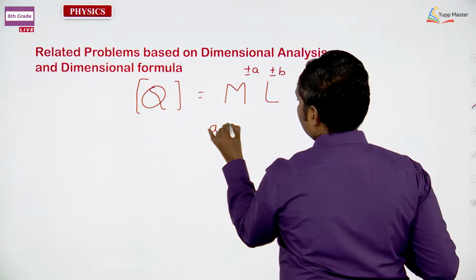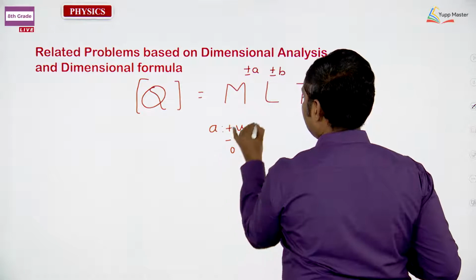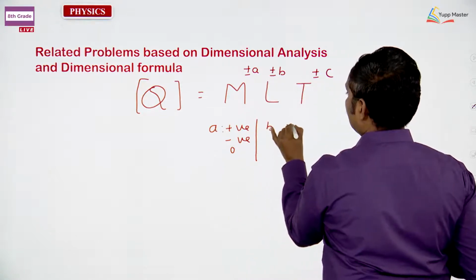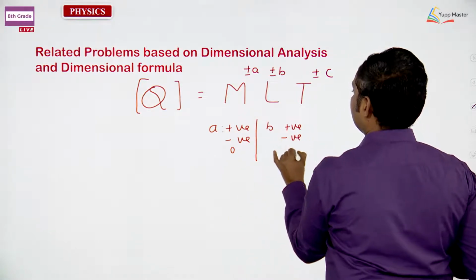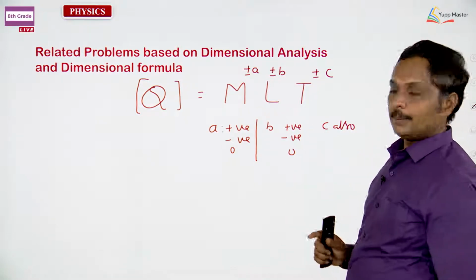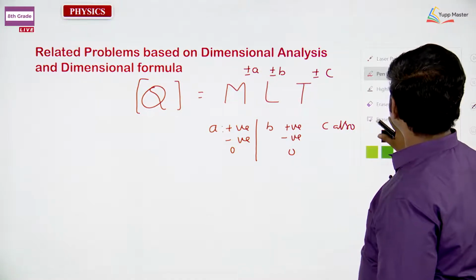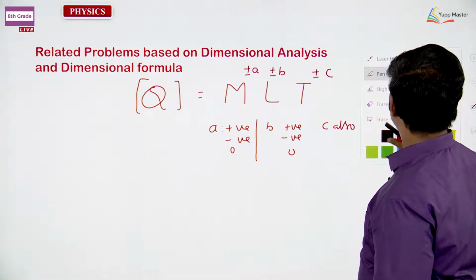Here a is positive, negative or 0, b is also positive, negative or 0, c also. It's very clear. Now, what do you mean if you are going to identify that?